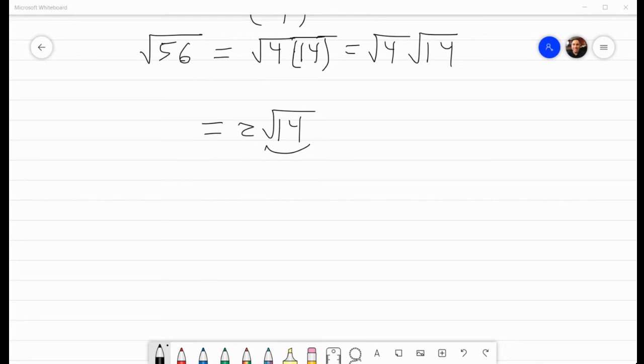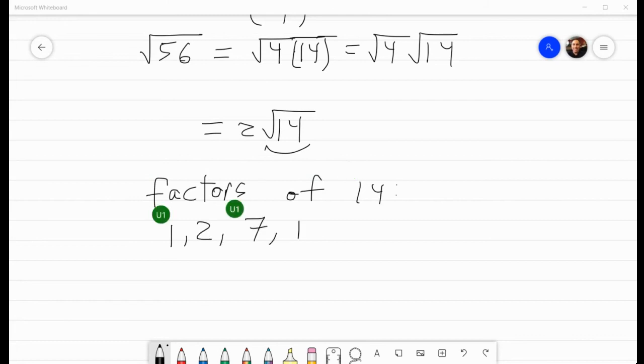Well, let's see. What are the factors of 14? Well, the factors of 14, we have 1, 2, 7, and 14 itself, I think. But you can see that the only perfect square, from the worksheet, is 1.